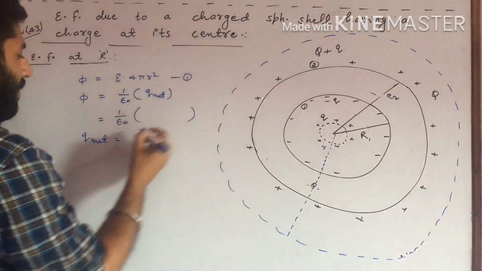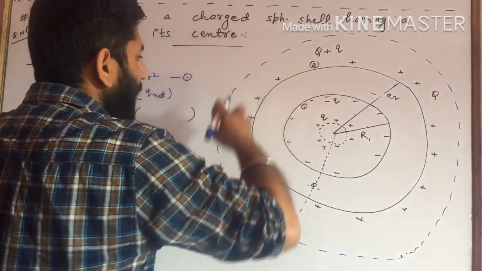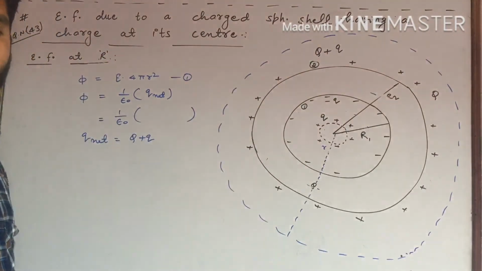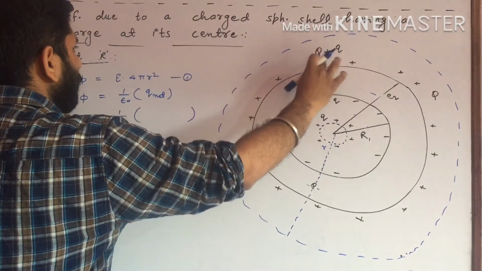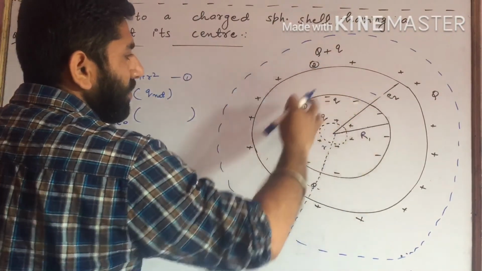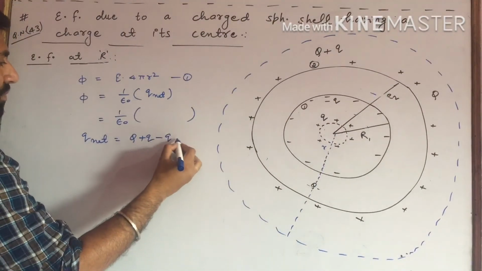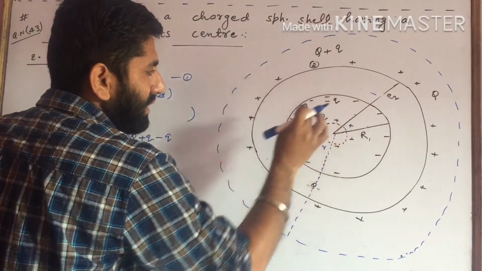The outer one has Q plus q, and it is lying inside the Gaussian surface. So I have to consider all the charges which are lying inside the Gaussian surface. So first charge is this one, Q plus q. Then this inner surface is having a charge minus q. Then we are having this charged sphere which is having a charge plus q.